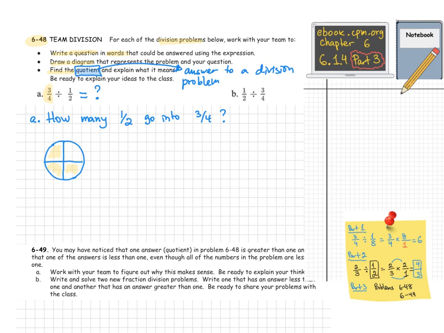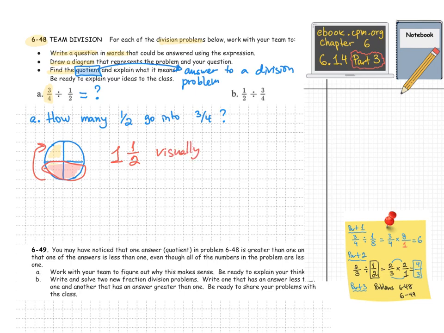Well, if I'm using red for a half, I only see a half over here. So 1/2. And if I want to record it as 1 whole and a half, visually I'm thinking there's 1 whole and then 1 out of 2, so that's a half. So that's the answer visually.